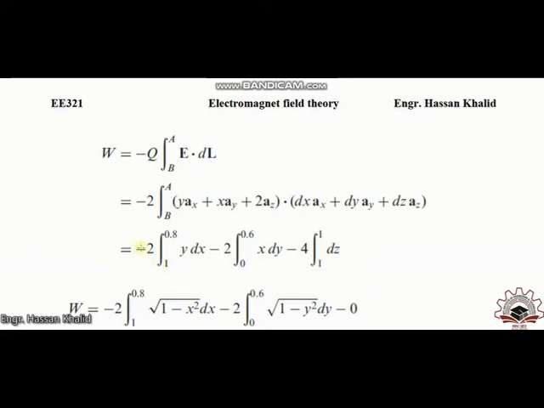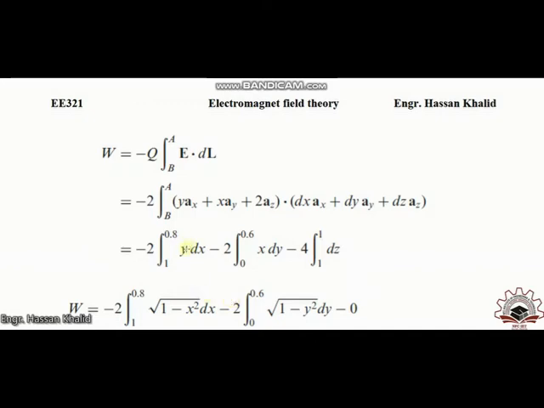And minus 2 is the 2 coulomb charge that is traveling from the location of B to A. So we can complete our work by solving these integrals and get our desired work done.